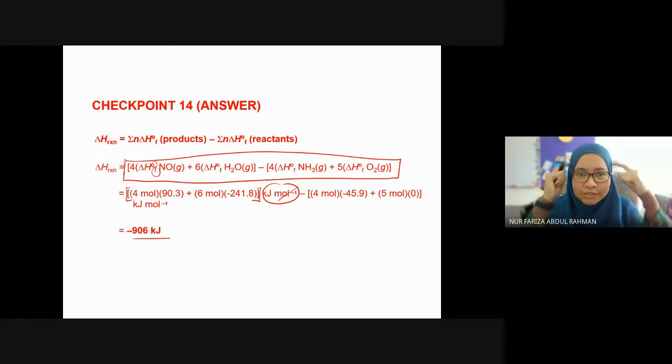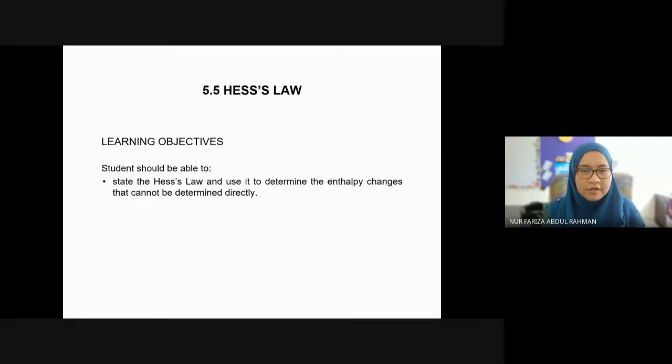You cannot just simply tekan calculator dapat final answer. Hilang markah kat situ. You kena tulis. Bila tulis, of course we will check each one of them. If there is a missing number ataupun unit ke apa, okay, of course markah akan ditolak ya. Be careful. Okay, alright. So done with direct method.